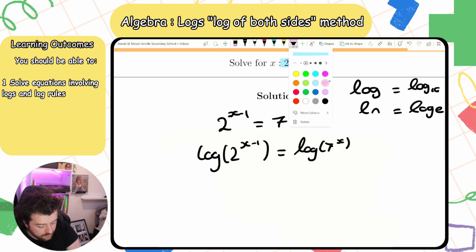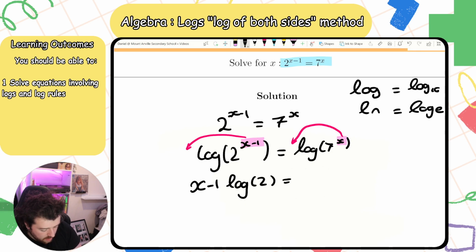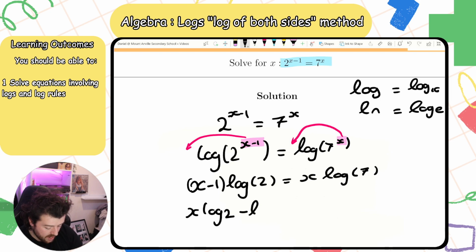Using rule 3, I take my powers and bring them down in front. So I have x minus 1 log 2 equals x log 7. So x times log 2 is x log 2, minus 1 times log 2 is minus log 2, which equals x log 7.